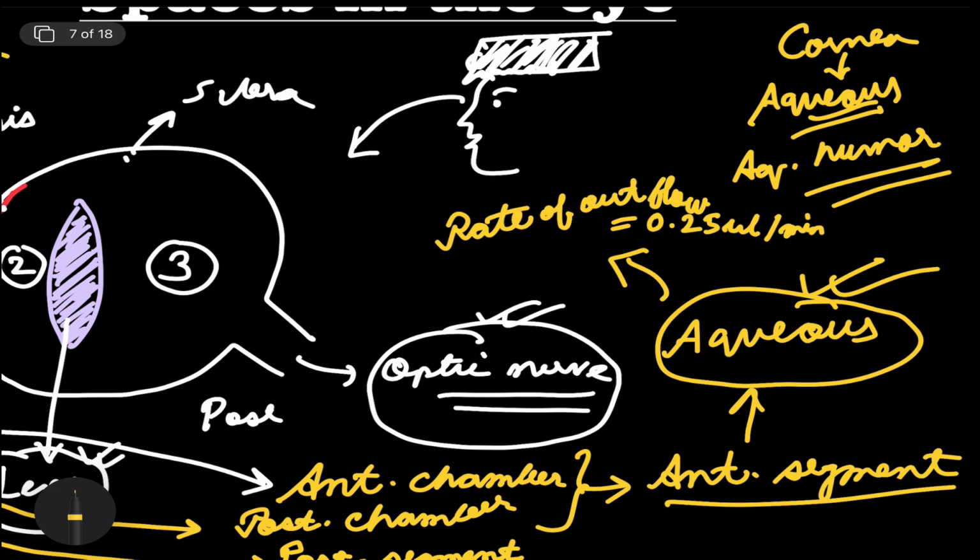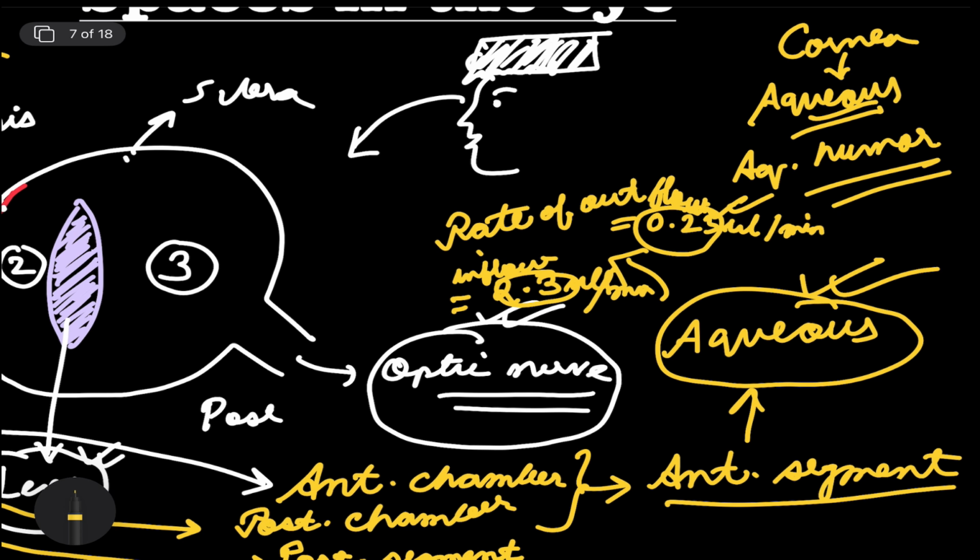Okay, this is the rate of outflow. Then what is the rate of formation or rate of inflow? The rate of inflow is 2.3 microliters per minute. So 2.3 and 0.25, these are two important facts that you will have to remember.